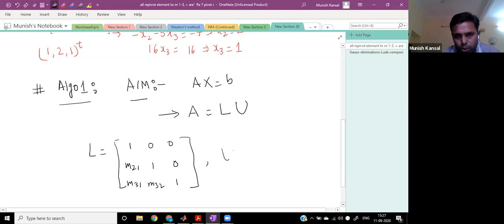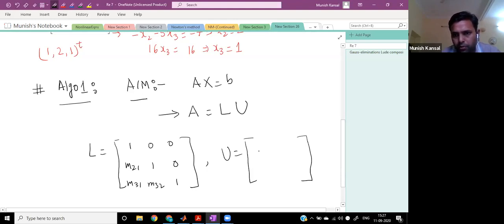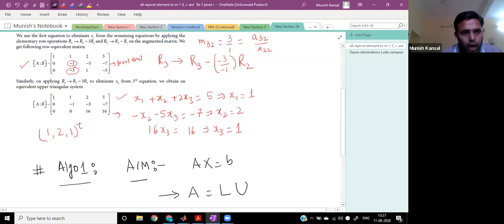Now what is your U matrix? The U matrix is obtained from the Gauss elimination method at the last step. This is your U matrix: 1, 1, 2, 0, minus 1, minus 5, 0, 0, 16.